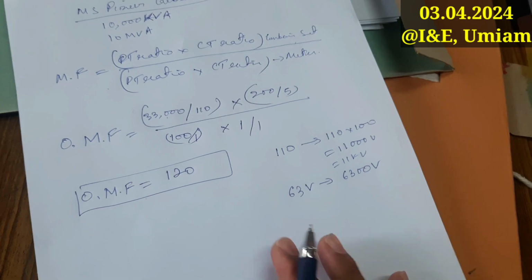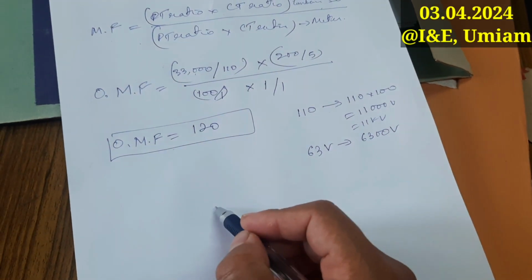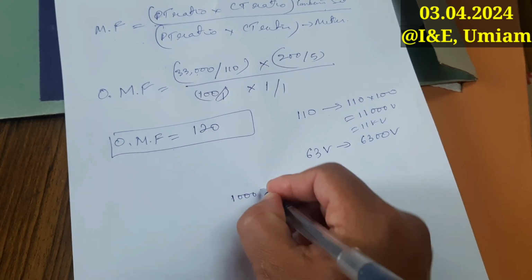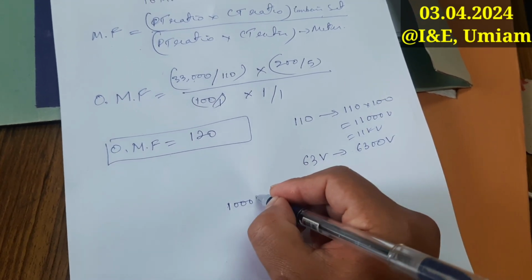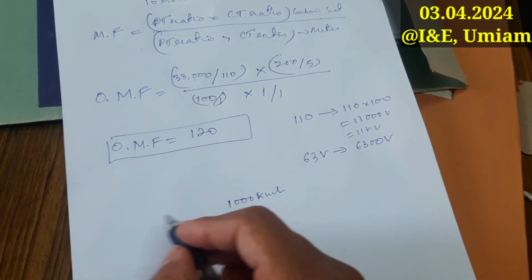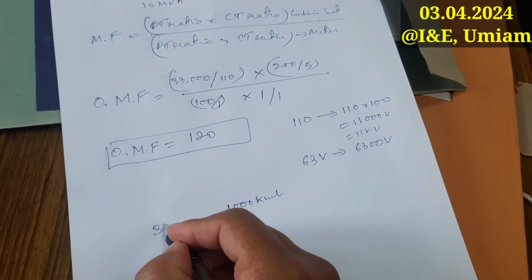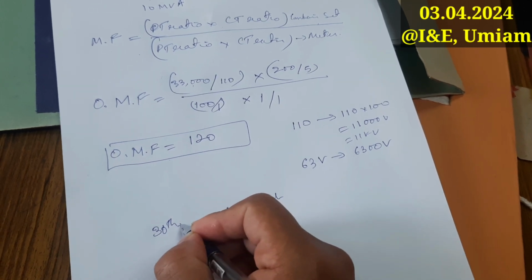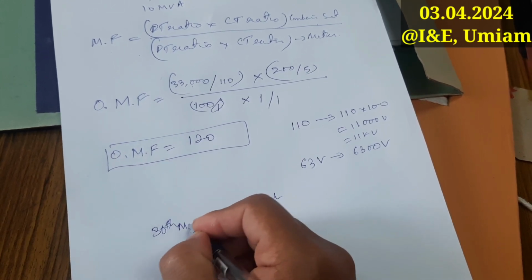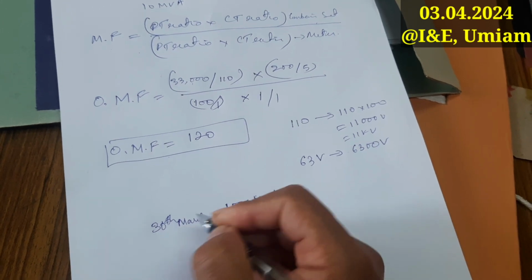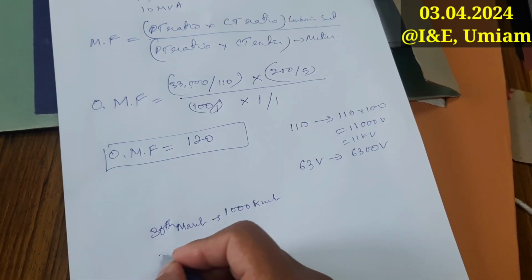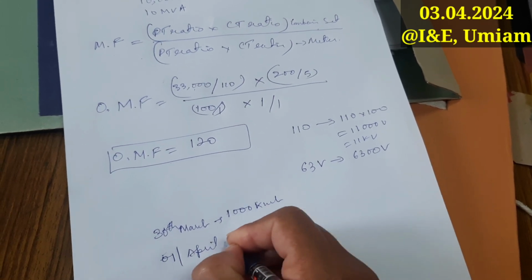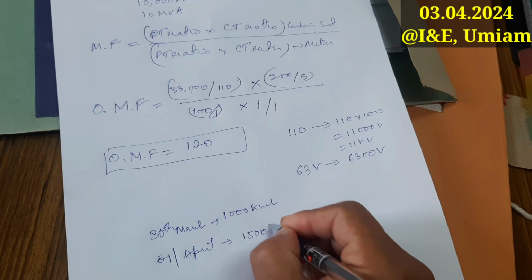Suppose your meter reading of the previous month, the 30th of March, is 1000 kWh, and today's reading, the 1st of April, is 1500 kWh.